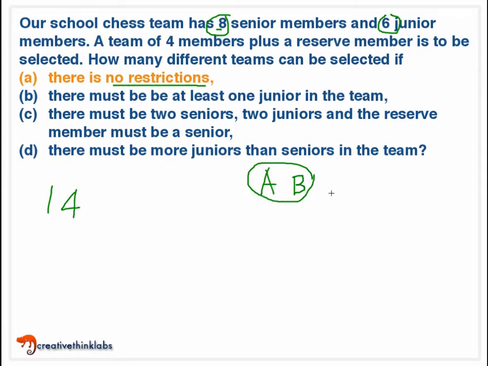I am not interested in the order that they are chosen. So this is a combination problem. If I choose 5 people from 14, this answer can be found using the calculator directly, and you will get 2002 ways. So that's the answer to A.